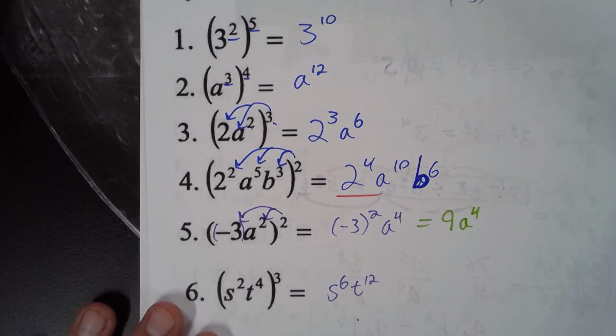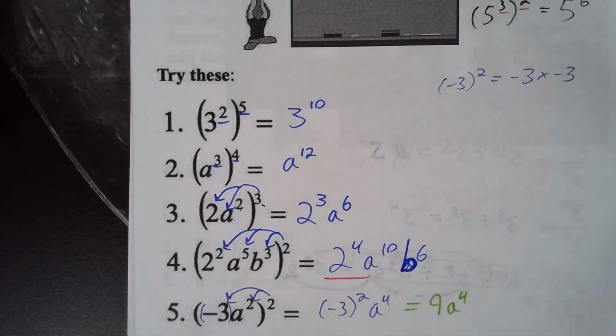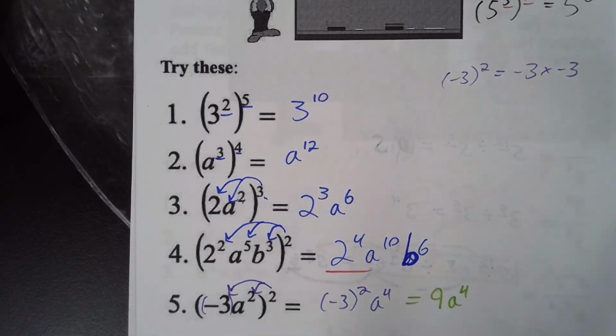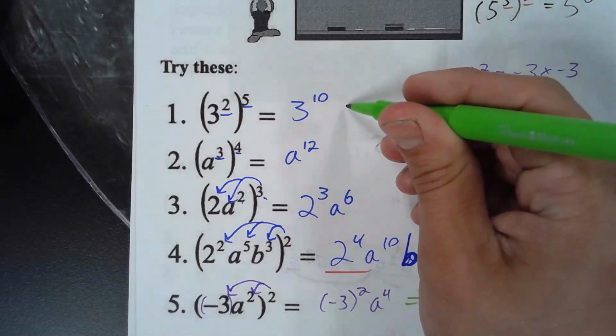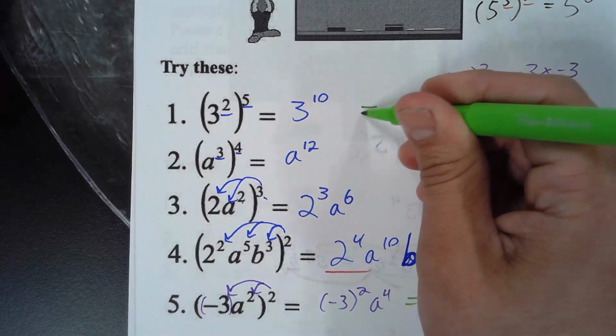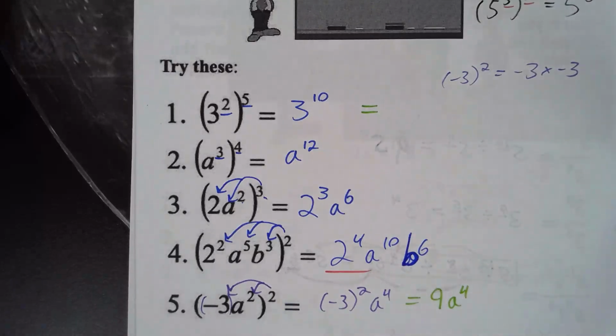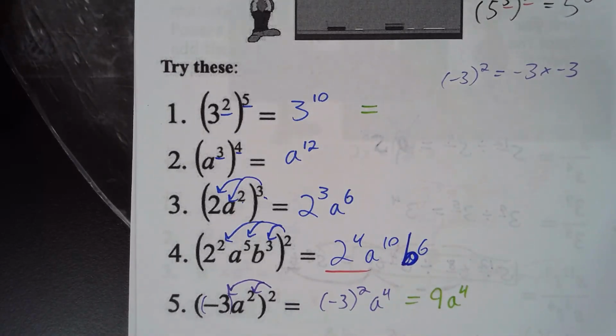So let's go back and evaluate some of these. Get a calculator and see if you can figure out number 1, 3 to the 10th power. What would that be? Or you can try to do that in your head, but that'd be a lot. 3 to the power of 10 should be in the thousands, I think.